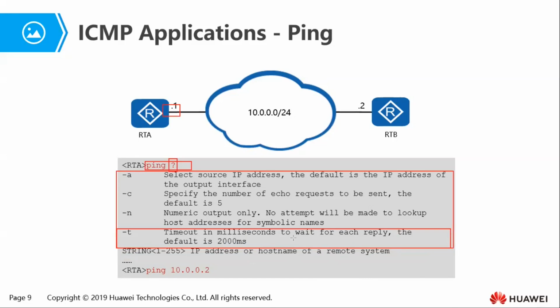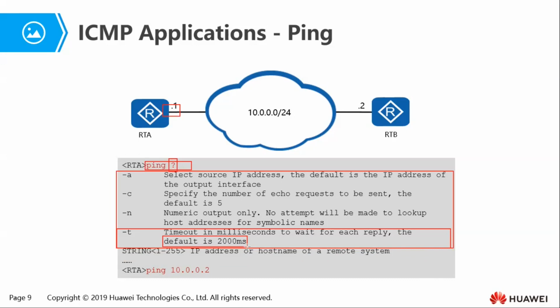And what is the timeout? It is the time to wait for each reply. For example, the default timeout is 2000 milliseconds. So if you send a request and you don't get a reply within 2000 milliseconds, then the error you're going to get is the timeout error that Chris has just asked about.